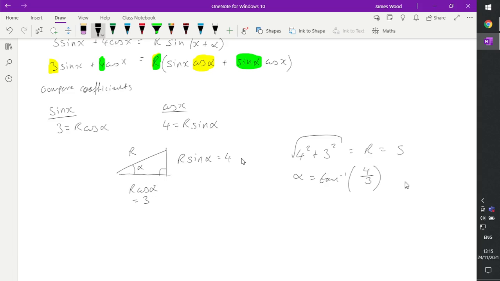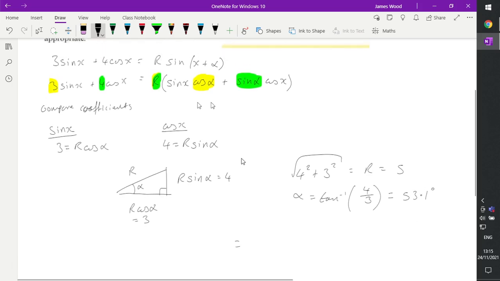You can do this in either degrees or radians. It just depends what the question asks. Quite often it's in degrees. So we found r and we found alpha. So we can rewrite our equation 3 sine x plus 4 cos x as 5 sine of x plus 53.1 degrees.